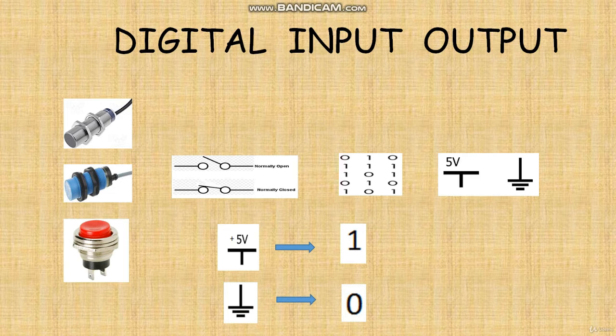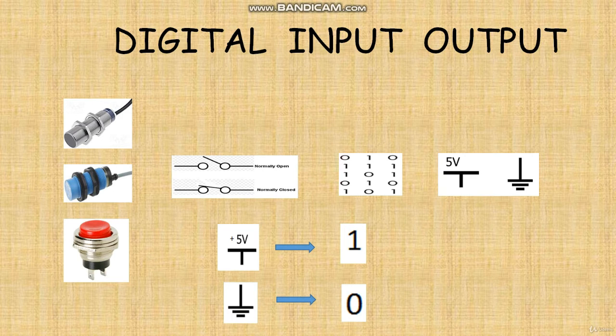Easily we can understand that if you provide plus 5 volts to a digital system, such as an Arduino for example, it will consider it as 1, and if you provide 0 volts it will of course consider it as 0. As a conclusion, 0 and 1 are two different states of 1 bit, that is technically either 0 volts or plus 5 volts.